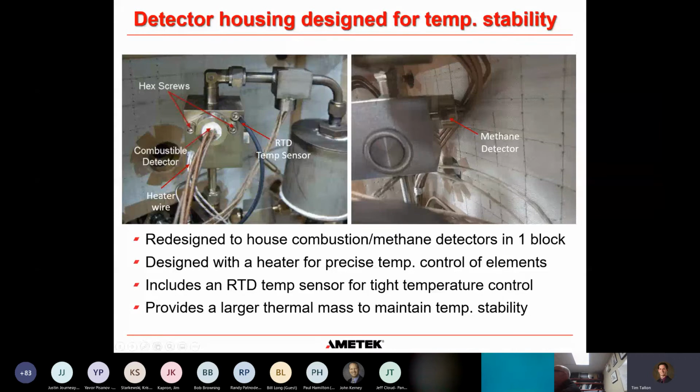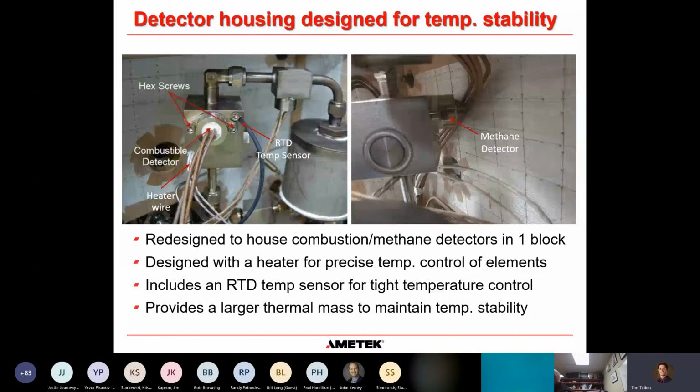And so this combustibles block is designed with a heater built in for precise temperature control of those detector elements. And we also monitor carefully using an RTD temperature sensor for tight temperature control to make sure that block is operating at the specified temperature at all times within a very tight plus or minus window.